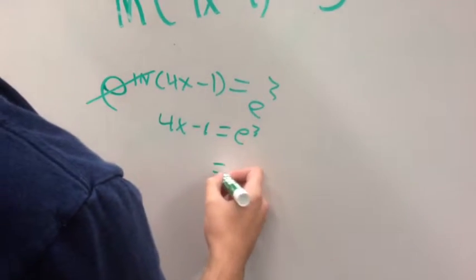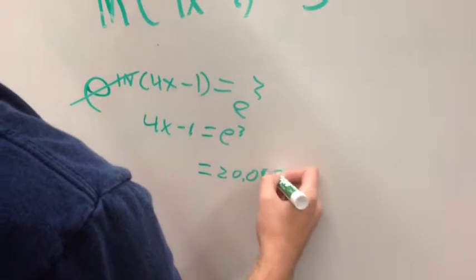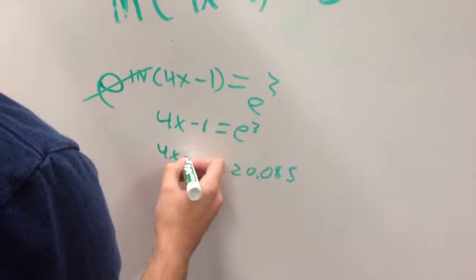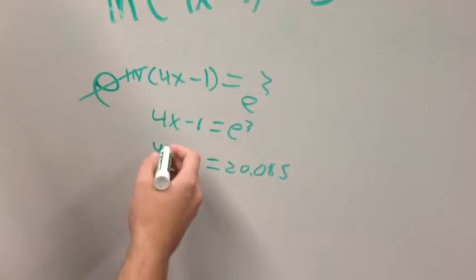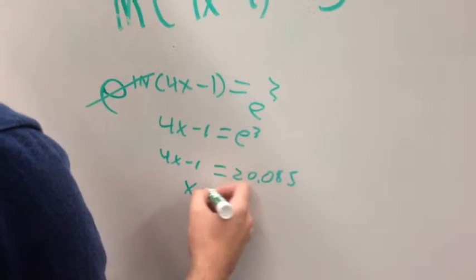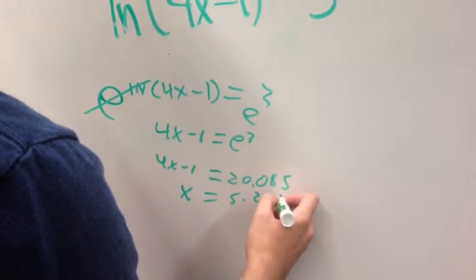E to the power of 3 is around 20.085, which equals 4x minus 1. You add 1, and then you divide by 4, and it should come out that x equals 5.2713.